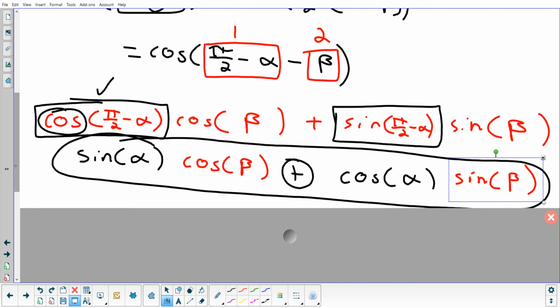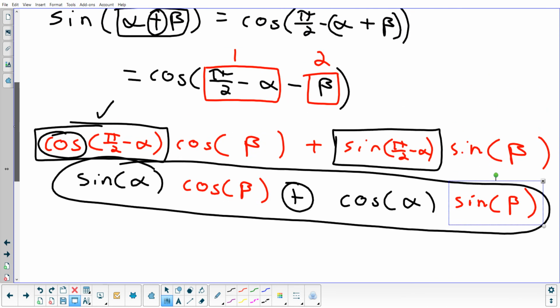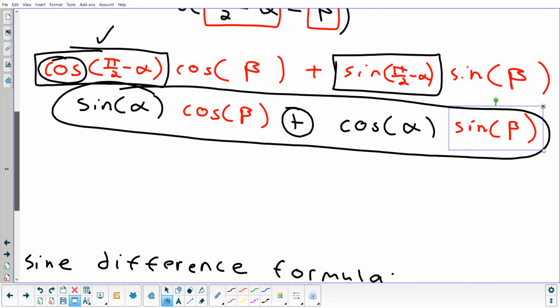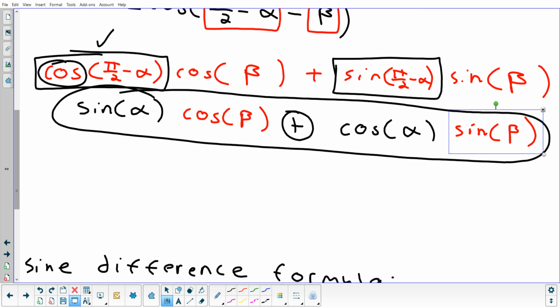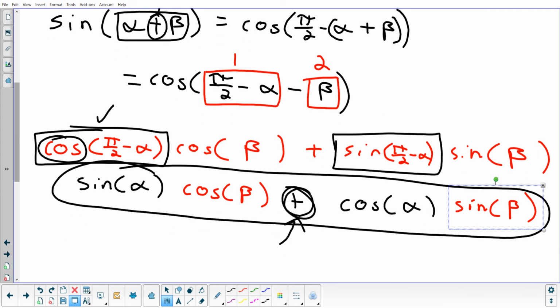So I asked earlier what the difference was between the cosine sum and cosine difference, right? And it was pointed out there was only one thing that was different. Well, there's only one thing that's going to be different here when you compare the sine difference formula to the sine sum formula. Anyone have a guess what the one thing that will be different is going to be? Yeah? It turns to minus then. Yep, this is going to change to a minus. When it's the sine of a sum, you do a sum.